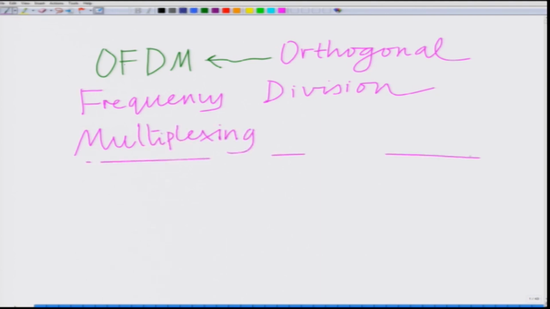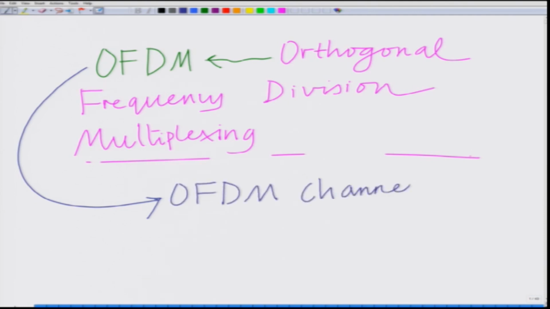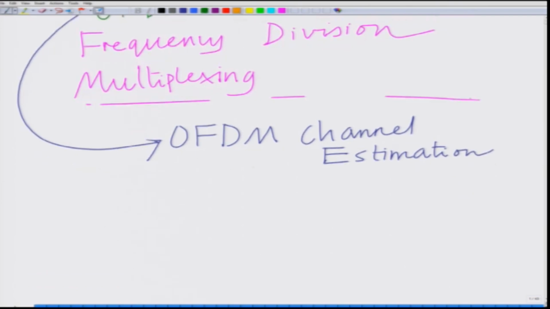We are going to look at OFDM channel estimation using comb type pilots, or we can also abbreviate this as CTP, where CTP represents a comb type pilot transmission for an OFDM system. Right.